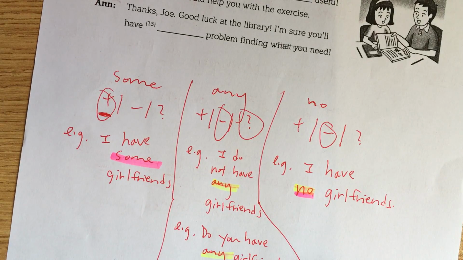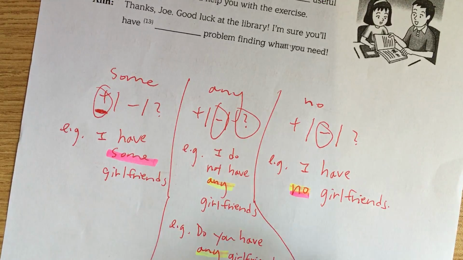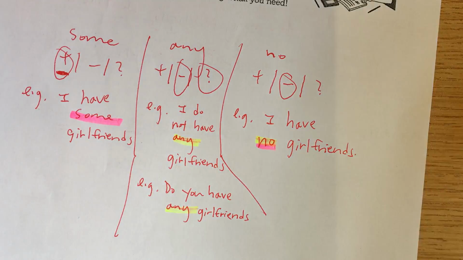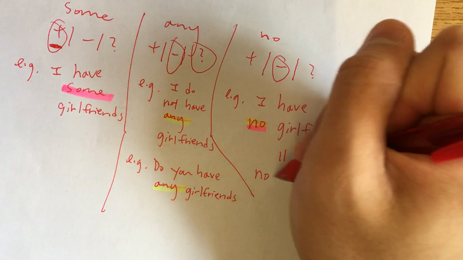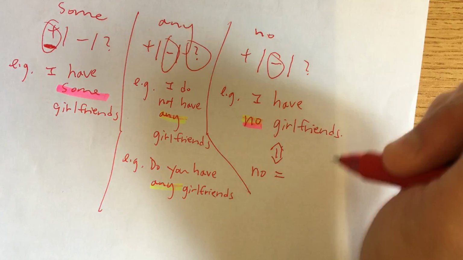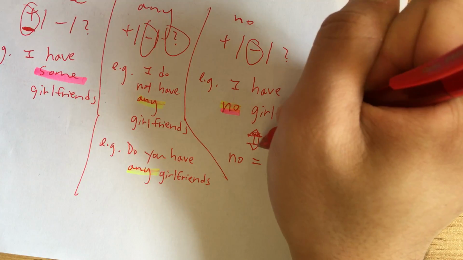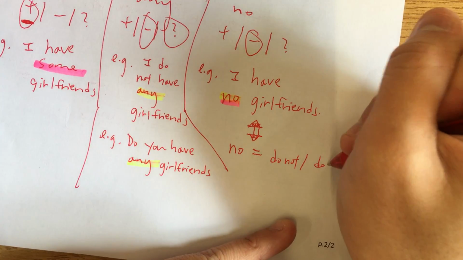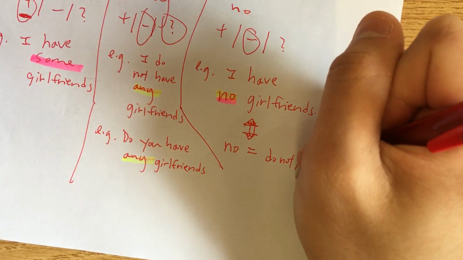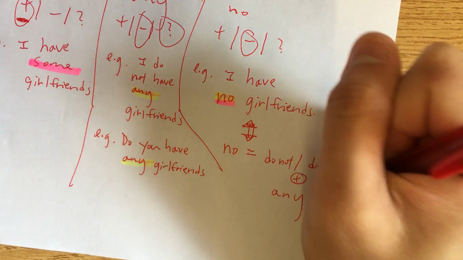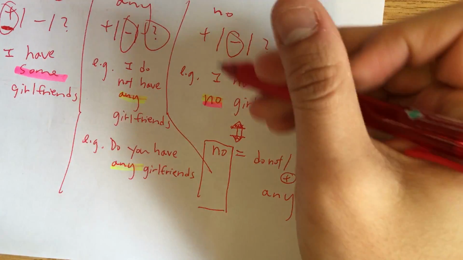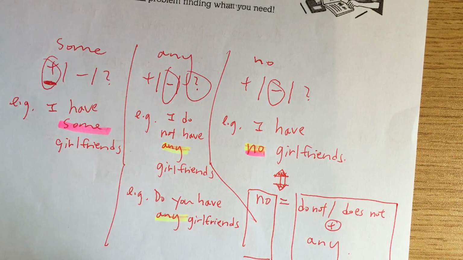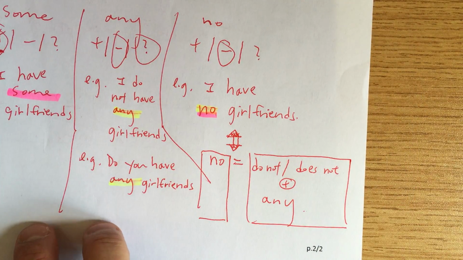Okay, so this is the difference between some, any, and no. And you may see that sometimes no equals do not or does not plus any. Okay, so this is the trick. So let's check the answers. Okay, I'll show you the notes again.